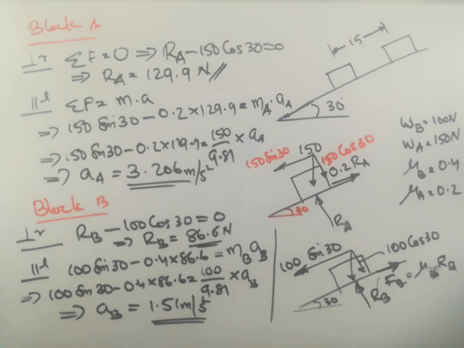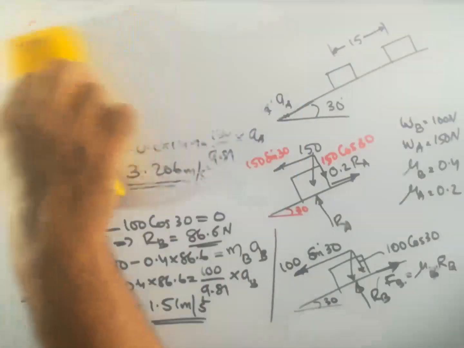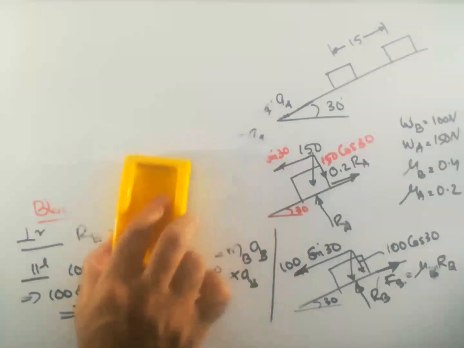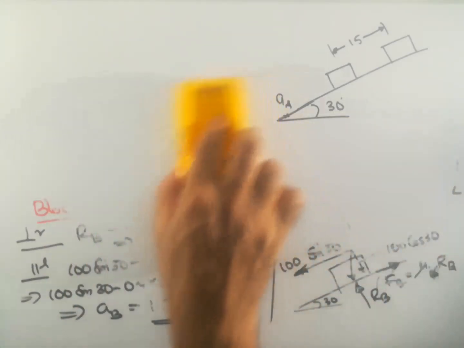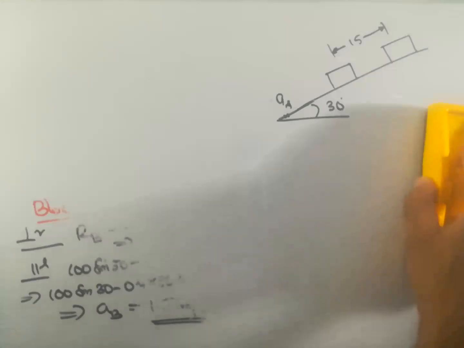Okay, that is the first part, to find the accelerations of the bodies. We got the values. Now we need to solve the second part, that is, in what time block A will hit block B.